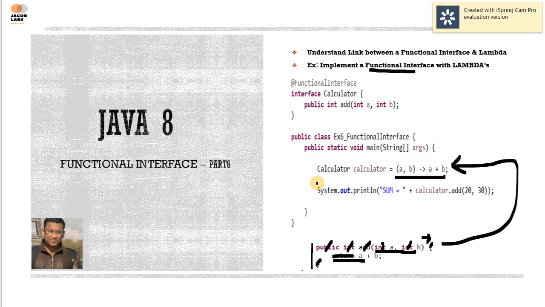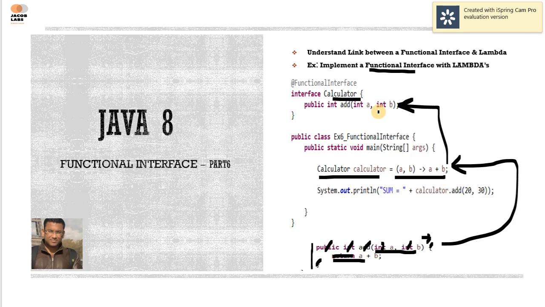Now, what is this part? Let's try to understand. When we started this video, we said that we are writing a lambda to give an implementation to the add method of the Calculator interface.